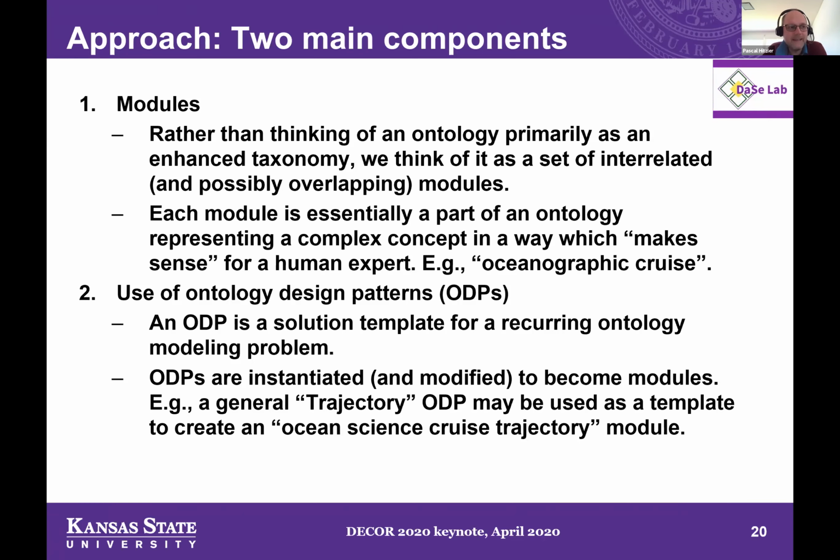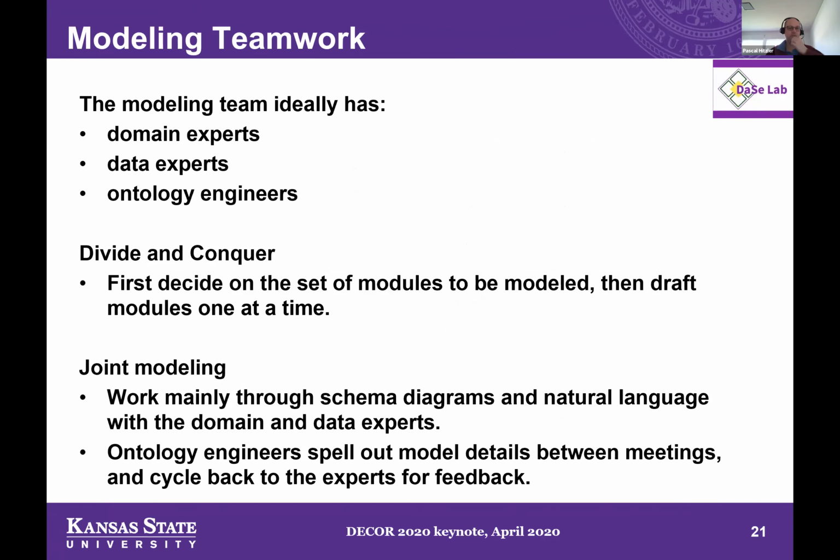Is it possible to make a general pattern for modeling this, which you can reuse or adapt for different purposes? The answer is yes, you can. That is one of the ideas here. You don't need to invent everything from scratch. If there are good patterns for things which occur a lot, then you're not making a naive model, but reusing something people have already put a lot of thought into. This is another main idea we use.